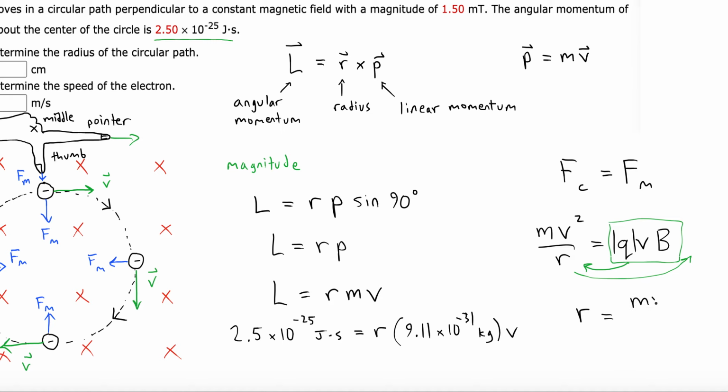R equals mv squared over qvb. And then we can cancel one of the v's, revealing this nice, concise formula for a cyclotron: r equals mv over qb.